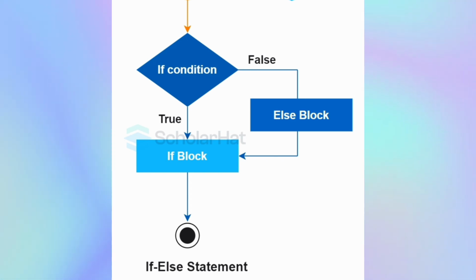If else statement flowchart. If the condition is false, that means the else block, and true means the if block of the statement. Finally, end.